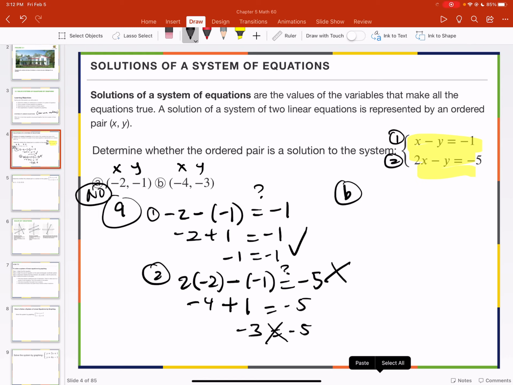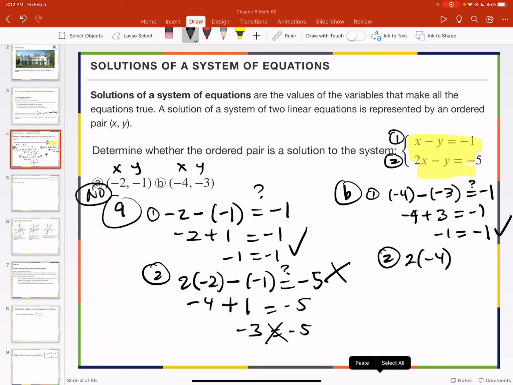So here B, let's try this again. In the first equation, we have -4 minus -3, and we want to know does that equal -1. So we get -4 plus 3 equal to -1, and yes, -4 plus 3 is -1. So that part is true, but we have to try both. They both have to be true.